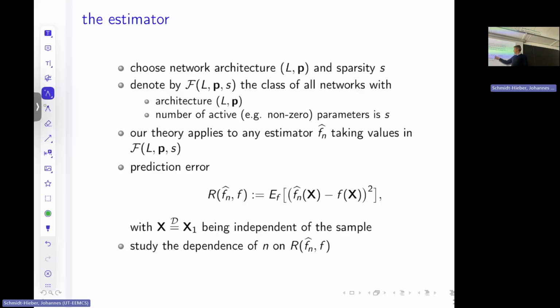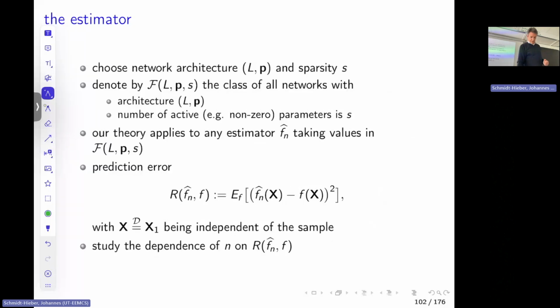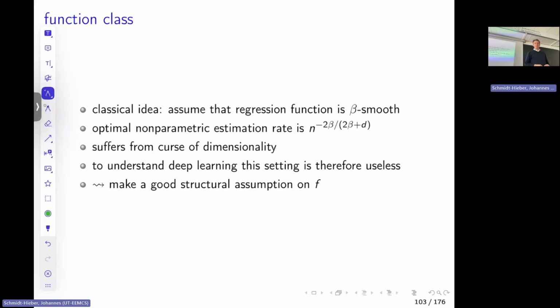Then we compare it to the true f, and we take a risk: we average the squared distance, as we like to do in statistics, and that bounds the generalization error. Then we want to see how this decreases in the sample size.